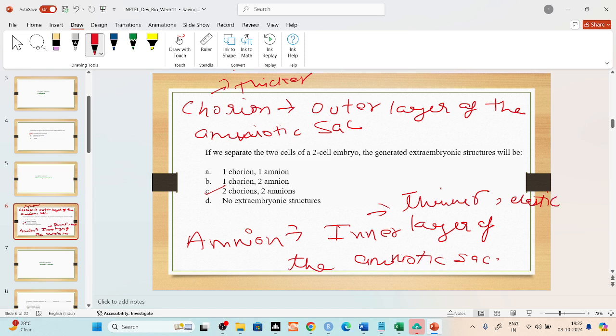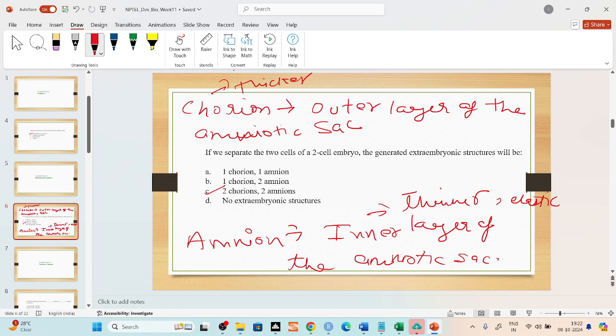Now that we know the meaning of chorion and amnion, let us try to understand this question. If the two cells of a two-cell embryo are separated, then each cell can develop into an individual embryo.